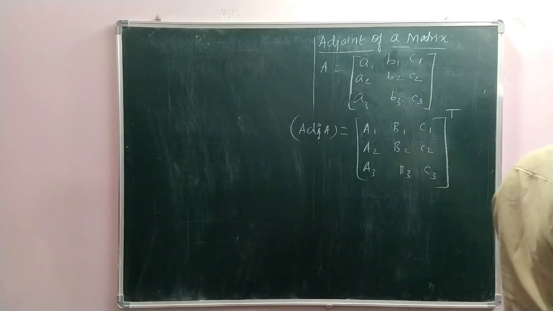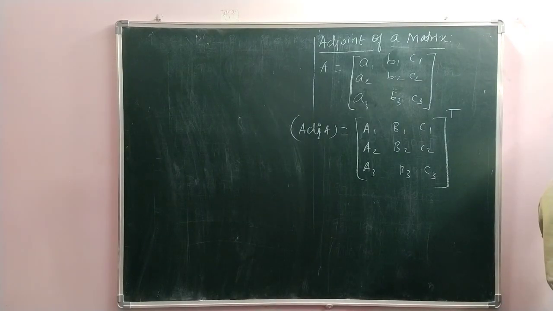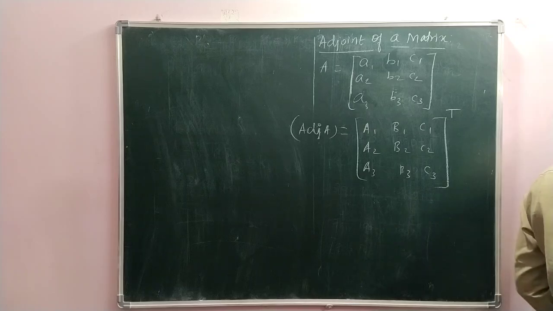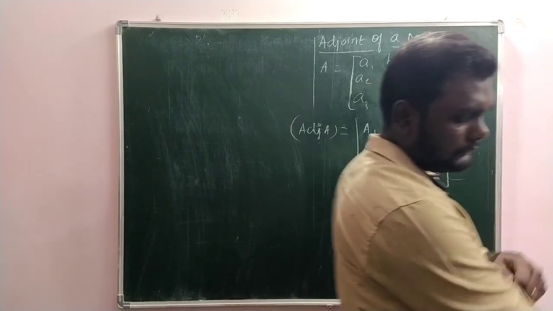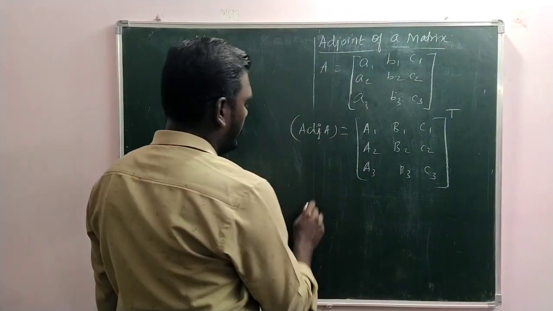Okay. Now we'll take one example and we'll see. Like the adjoint of a 2 by 2 matrix.